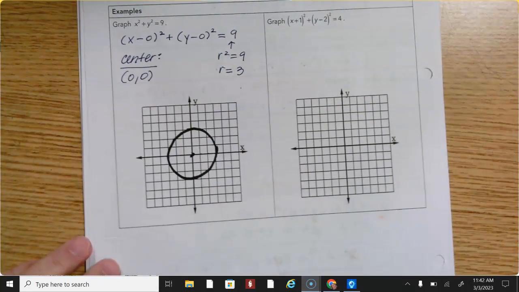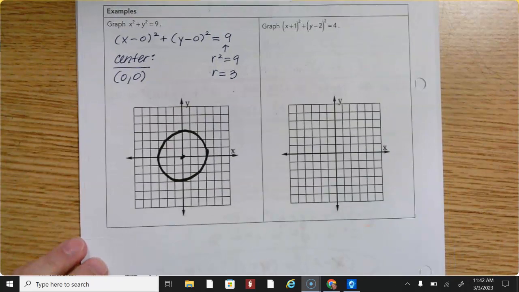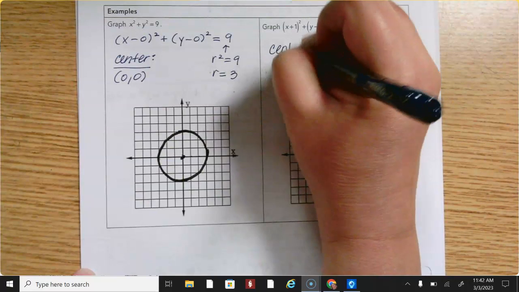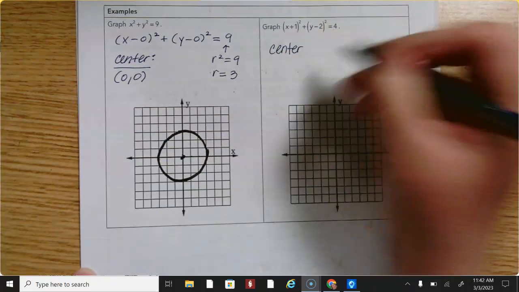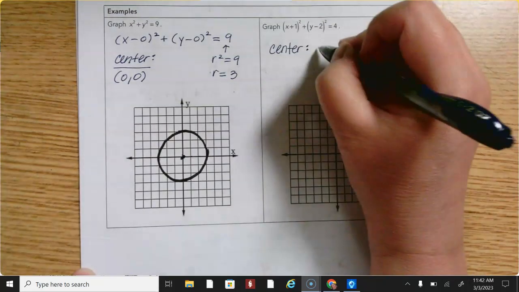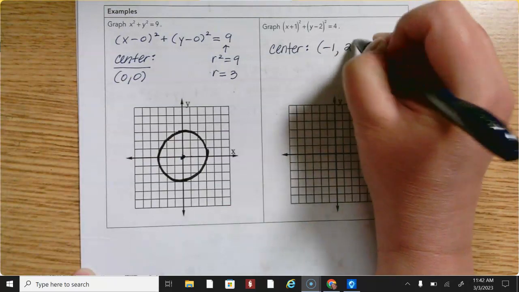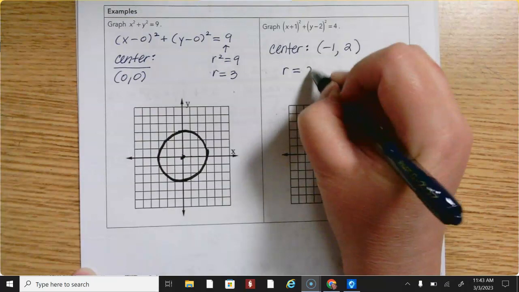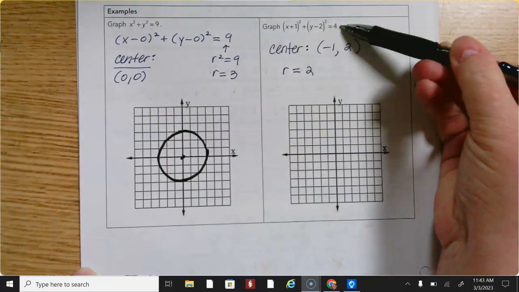All right, last one. I need to know the center and I need to know the radius to be able to graph this. So the center, remember, take the opposite signs. The center is -1, +2. The radius is 2 because the 4 is the radius squared.